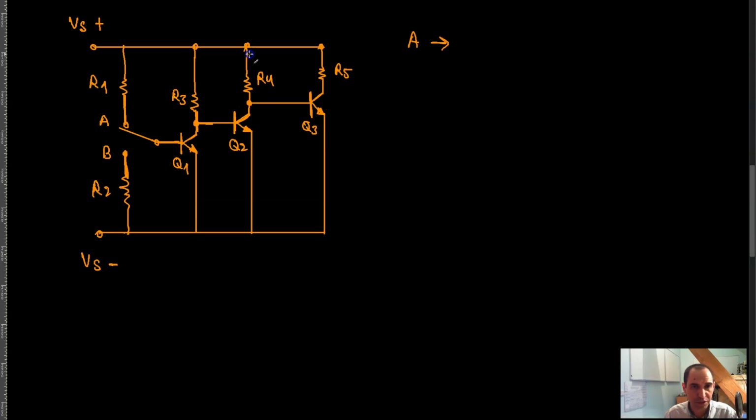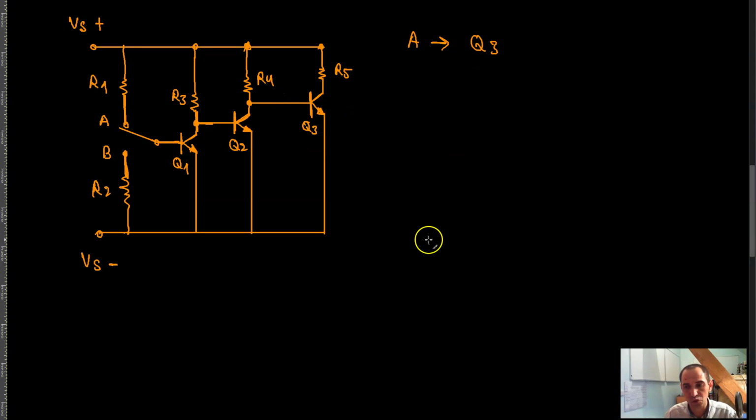What that means is that the current from VS, which we have up here, would go through this resistor R4 and to the base of this transistor. Since the base is now positive, you would have collector current, the transistor is turned on or saturated, and that means that Q3 is turned on, right?